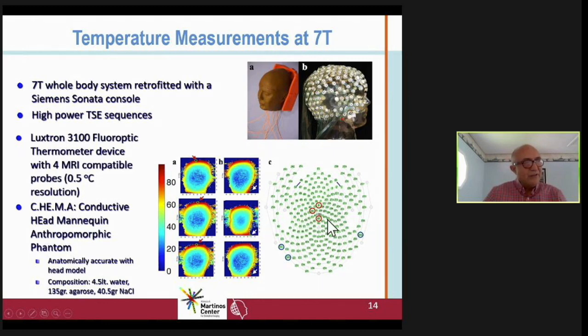So we decided to subsample. Since we have all these electrodes, we chose to monitor the electrodes that, according to simulations, had the highest possibility of heating. We also based the selection of the electrodes on the B1 field, which is the peak of the RF fields.